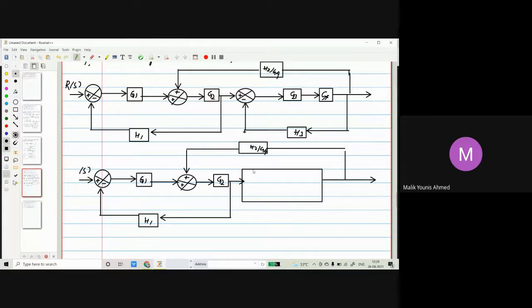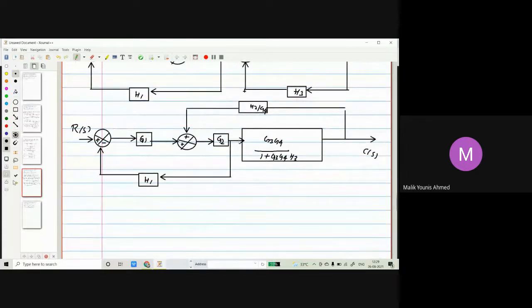There will be no change. So I am writing the formula for this one. Cascade G3 G4, so negative feedback 1 plus G3 G4 H3. So this is your C of S, and this is your C of S. This is R of S. So we have eliminated this negative in 1.